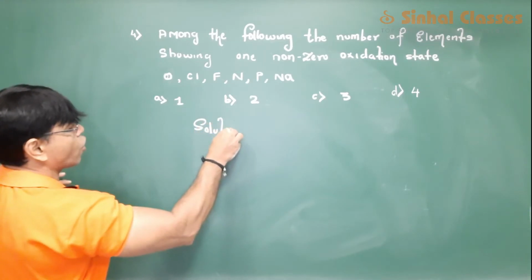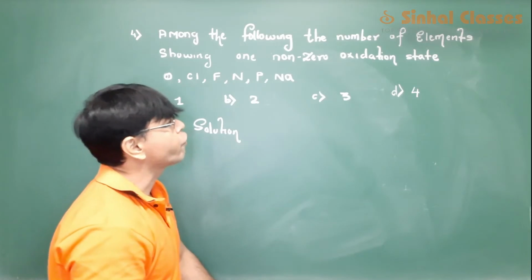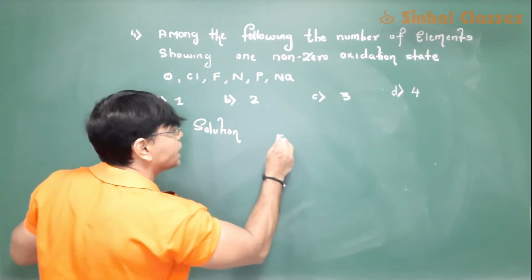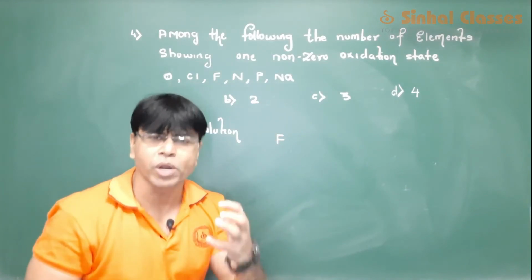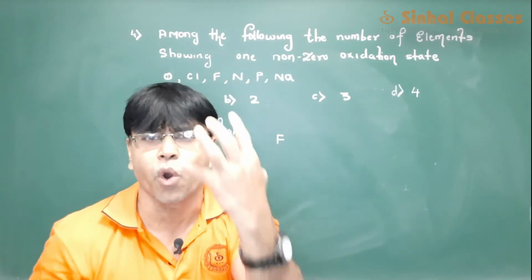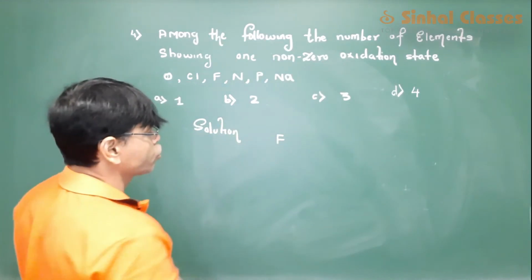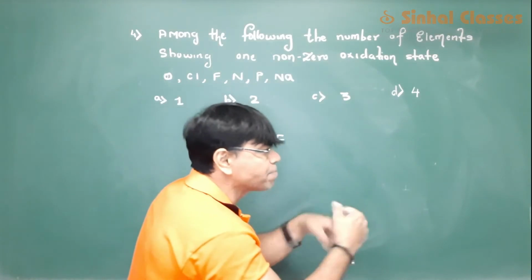So let us see now. We have been given oxygen, chlorine, fluorine, nitrogen, phosphorus, sodium. We all know fluorine has the highest electronegativity. On the Pauling scale, its electronegativity is 4, highest in the entire element kingdom. So fluorine has the tendency to accept one electron.